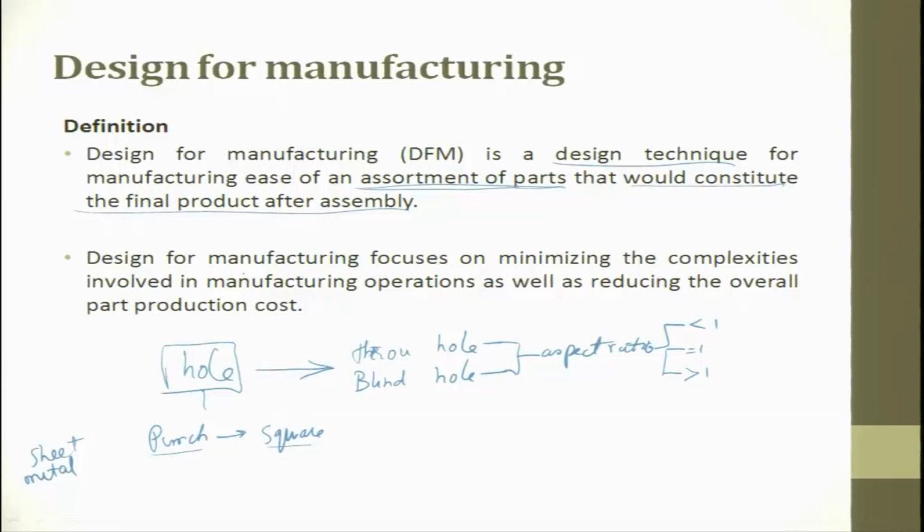DFM focuses on minimizing the complexity involved in manufacturing operations as well as reducing the overall part production cost. Here, when I say minimizing the complexity, it is while maintaining variety. So, any part I do or any assembly or sub-assembly I do, I would like to make it modular.